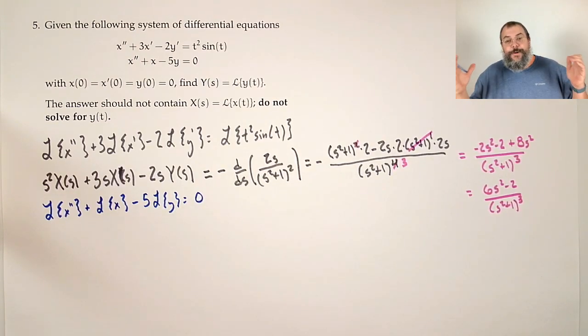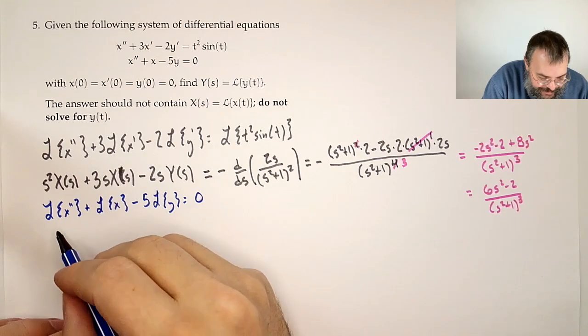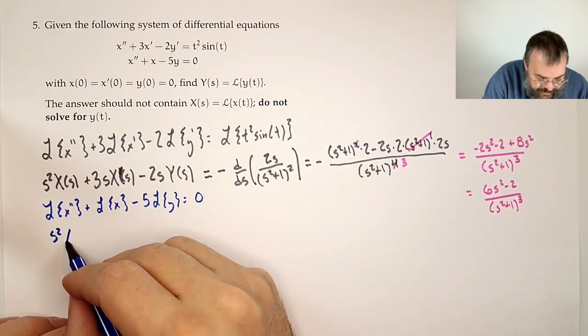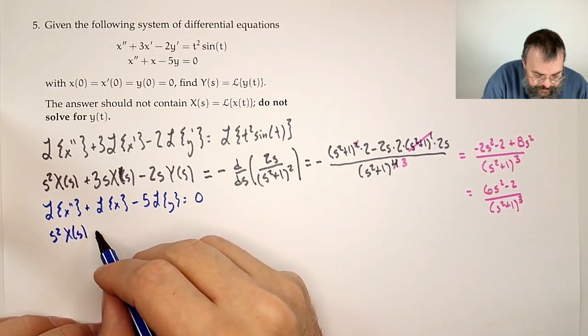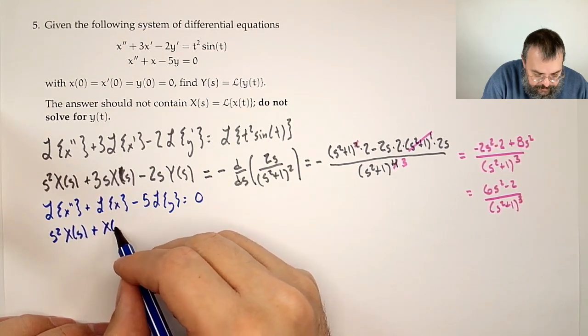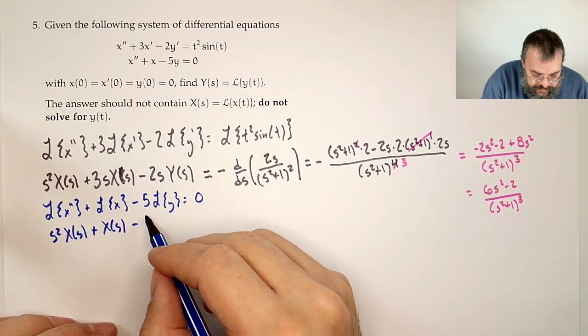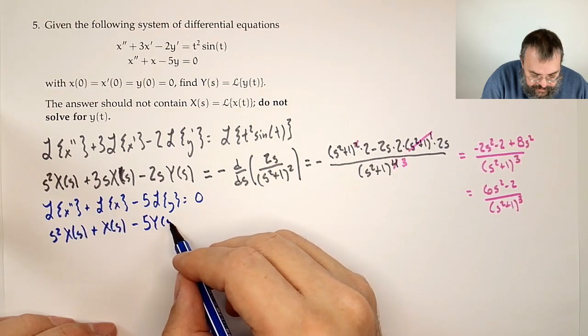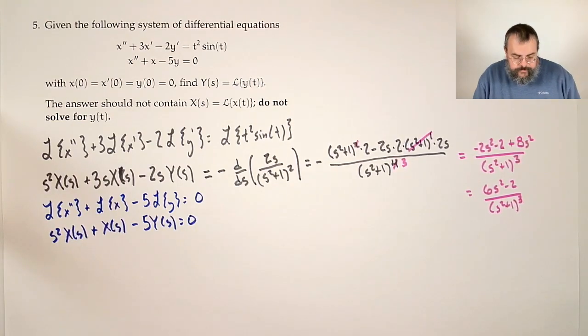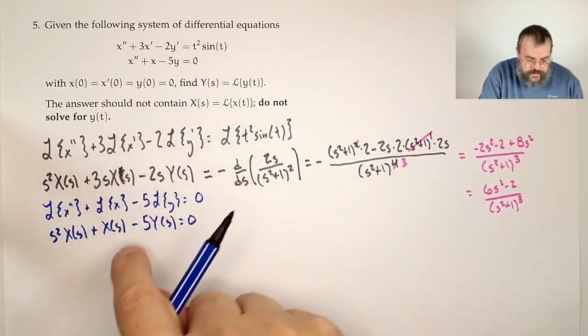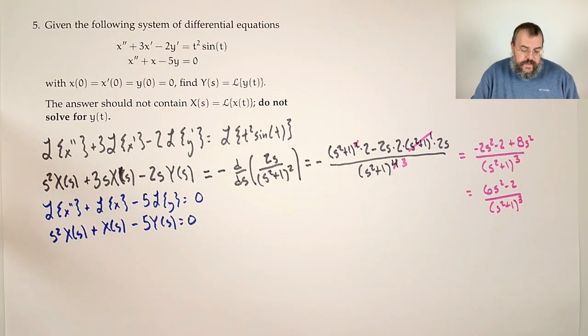Oh, there we go. We caught a break. So we have s squared x of s plus x of s minus 5 y of s equals 0. All right, because we're just doing the same thing that we did before.